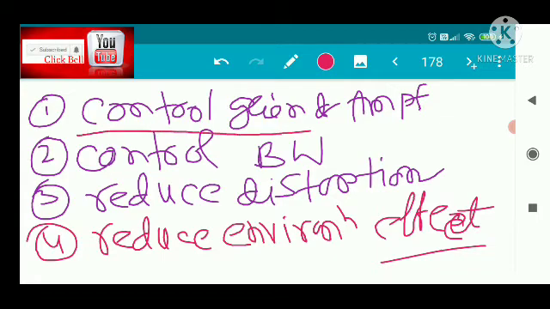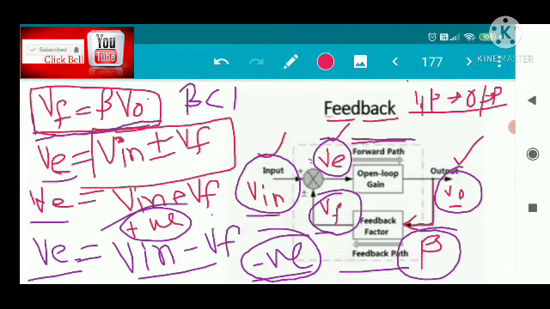Now, the control of the gain of the amplifier. What do you mean by that? Op amp is nothing but an amplifier. As I have said, the gain of an ideal op amp is infinite.